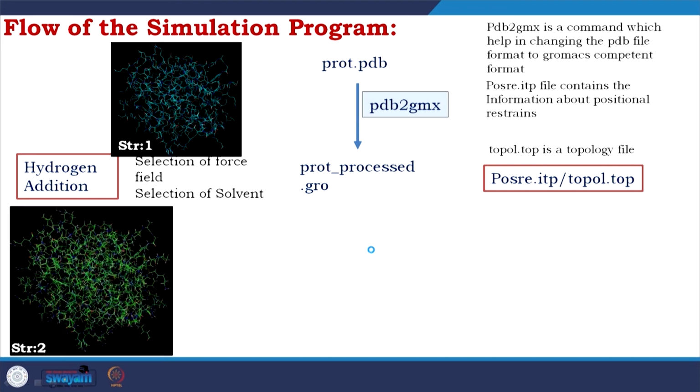You see now from structure 1 to structure 2 the hydrogens are added. You might ask me a question: in many structures we download from PDB, hydrogens are already added, so why do we separately take the initiative, or why does the program separately add them? There are many reasons, but the most important one is this.